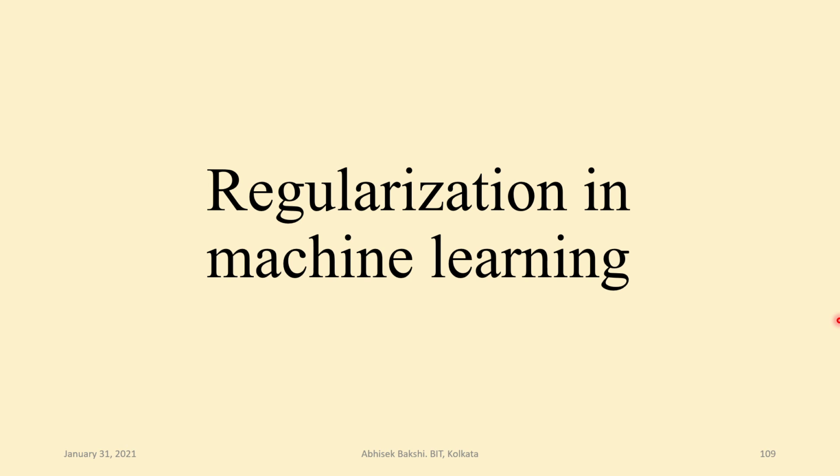There are some cases during the learning where we have to optimize the weights in a much better way, so that the network can identify the points in a generic way. That is what we do through what we call regularization. So we will start from this point in the next class. Okay, thank you.